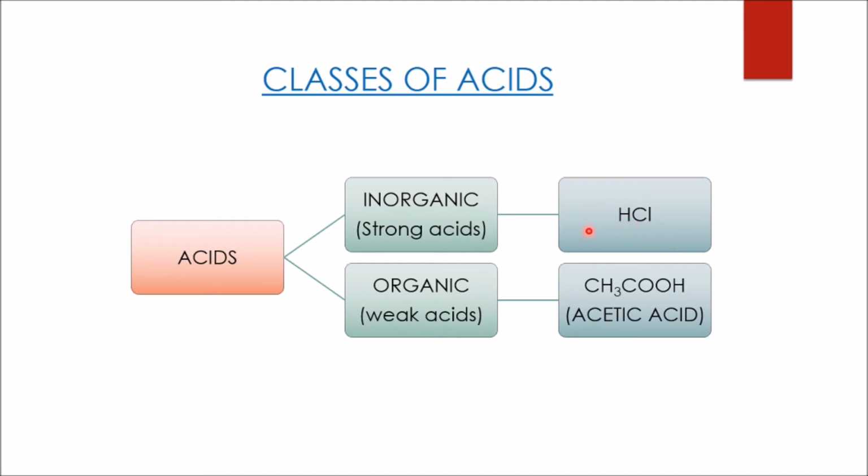Other than carbon, if you have any other element, that acid is inorganic. And if you have carbon in the formula, like in acetic acid, we have carbon atoms. Whenever you see carbon as the skeleton of the molecule of the acid, wherever you see carbon in the formula, that is an organic acid, okay? So all organic acids are weak acids, and inorganic acids are not all, but most of them are strong in nature.